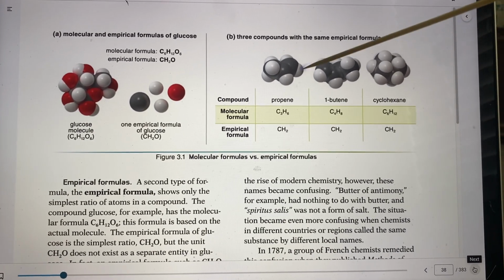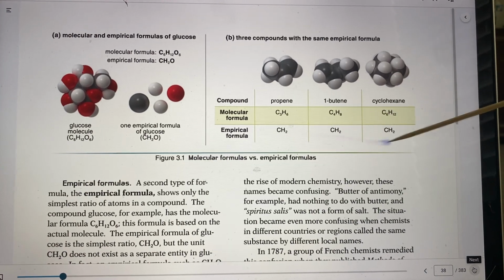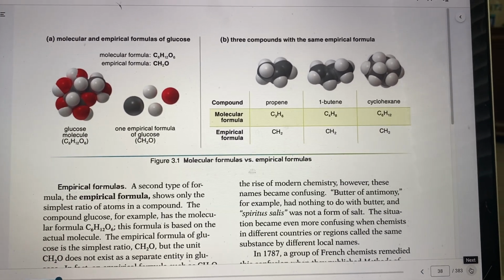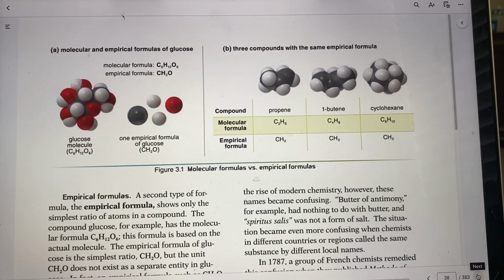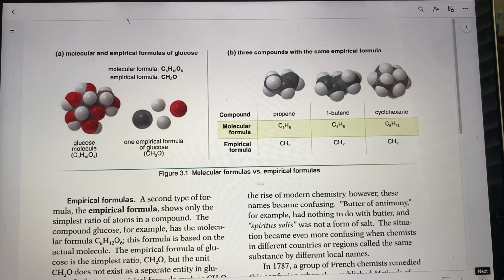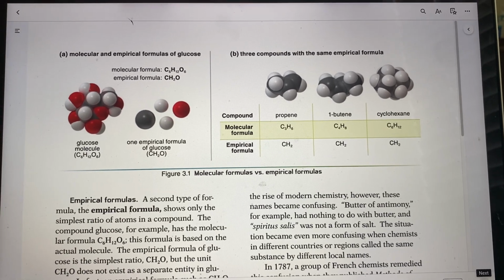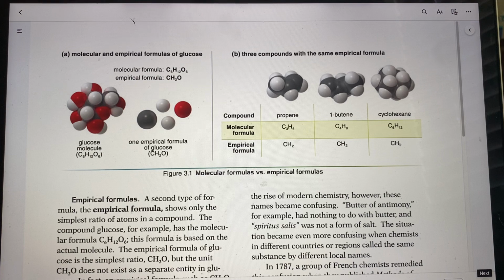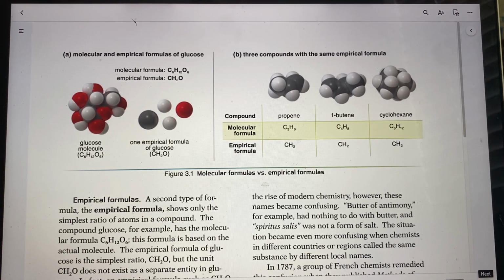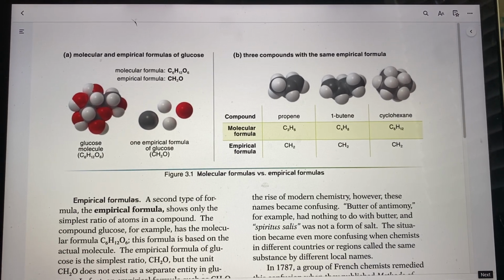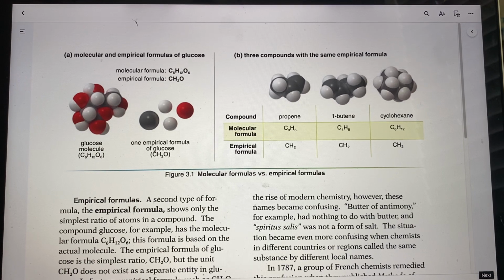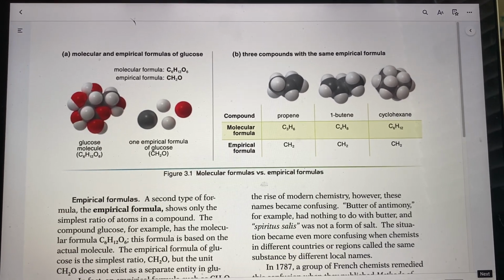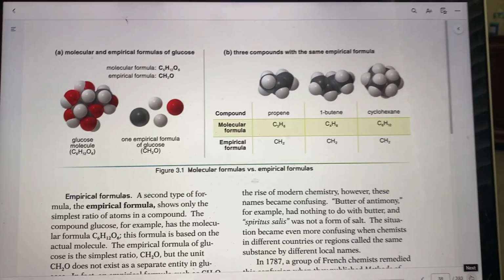They don't hook together in a regular molecule like this. So this is what we usually use for ionic formulas. Empirical formulas are most useful in extensive, huge structures where you have thousands of ions together. You have to have a very simple formula for thousands of them hooked together, right? So, okay, I hope you get that.